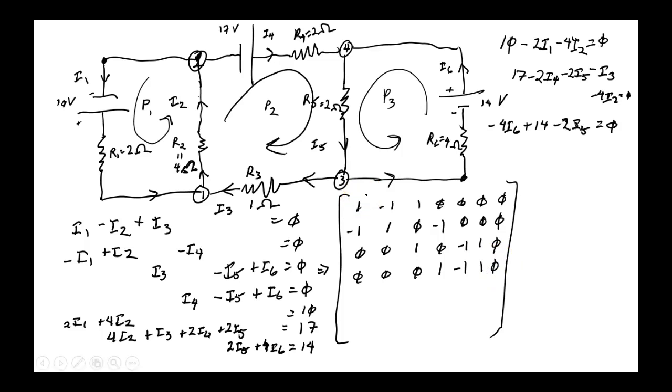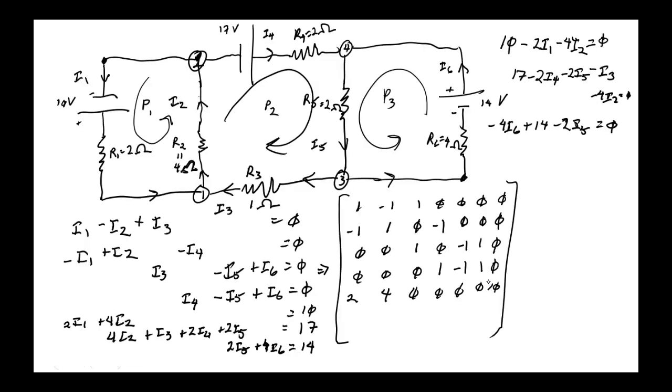Now let's do what's now our fifth one. What's that? 2, 4, 0, 0, 0, 0, 10. Okay. Yep.